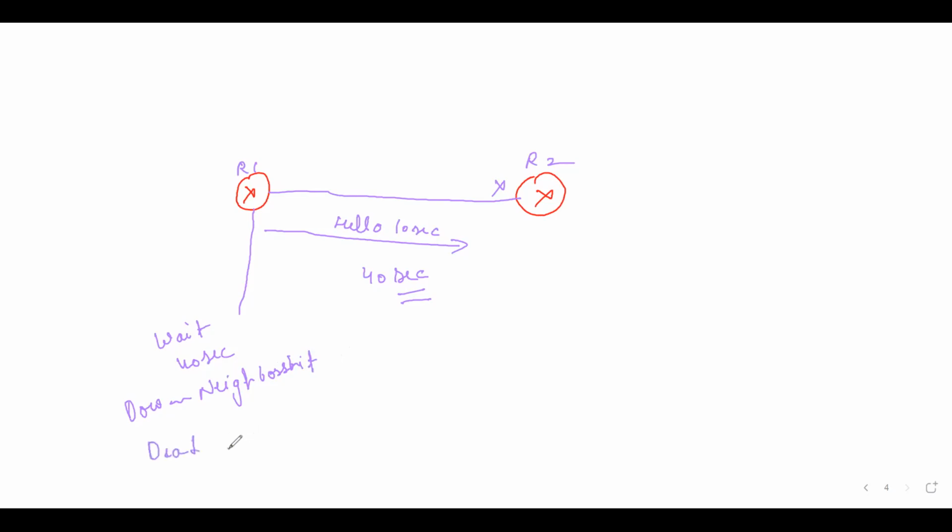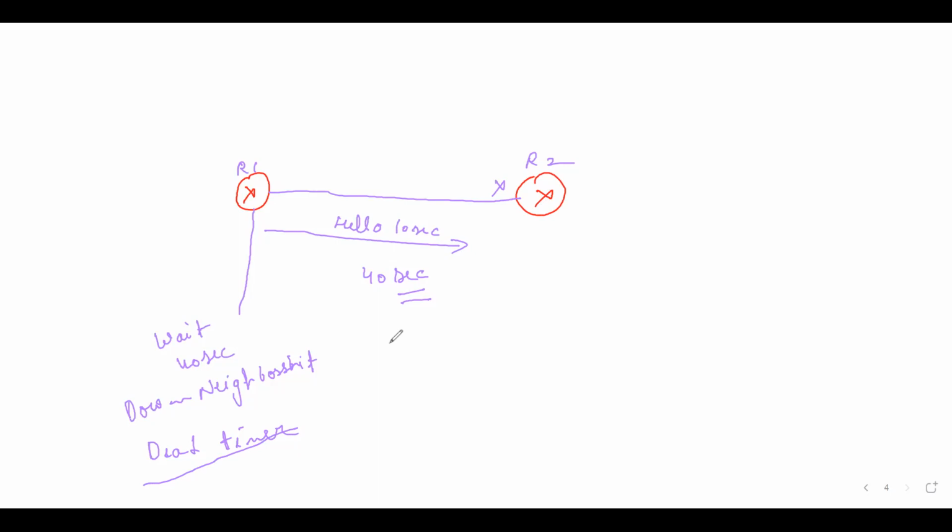Let me ask a question. You said every 10 seconds R1 is sending a message to R2. That means it will send hello 4 times, right? Yes, 4 times it will send. If R2 doesn't reply in 4 times, then it will declare the dead timer and break the neighborship.